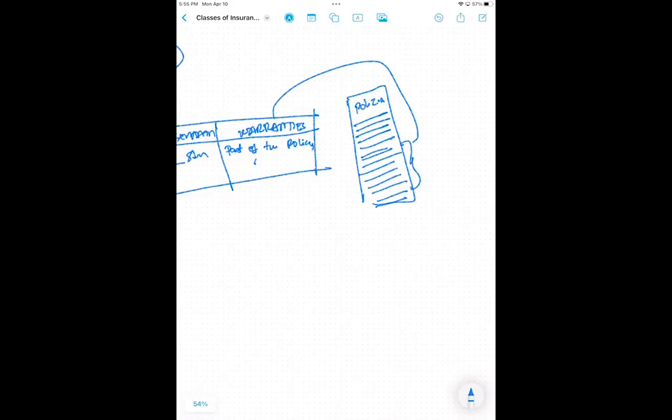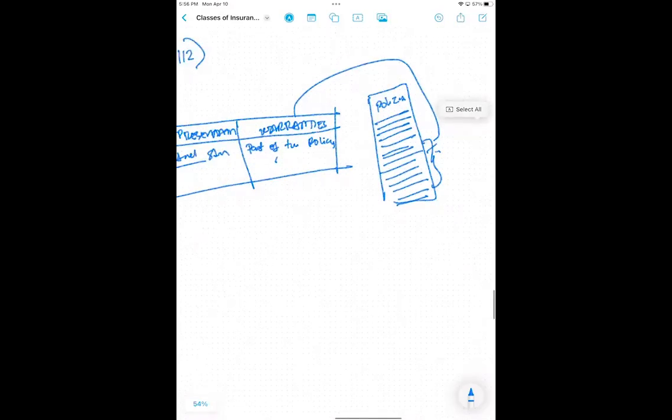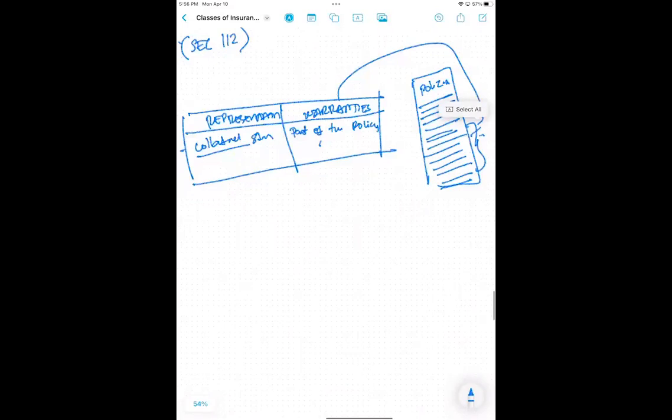So these are considered warranties. In property insurance, a warranty not to store flammable materials in the house. These are promises: I will not store flammable materials in my house. And in case there is a breach of that promise, then the insurer has the right to rescind based on the warranties or breach of warranty.